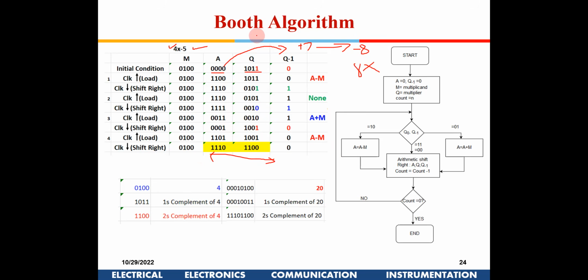So this is a modified Booth algorithm which takes care of the sign multiplication also. Here every shift operation is an arithmetic shift. Yes, that is also important. It is not a logical shift operation, it is an arithmetic shift operation. Let me see where I have done a shift operation.